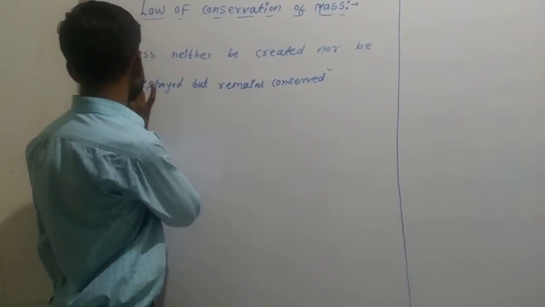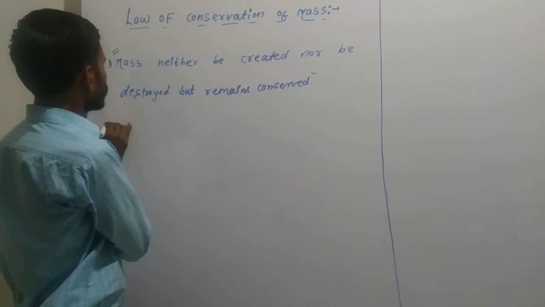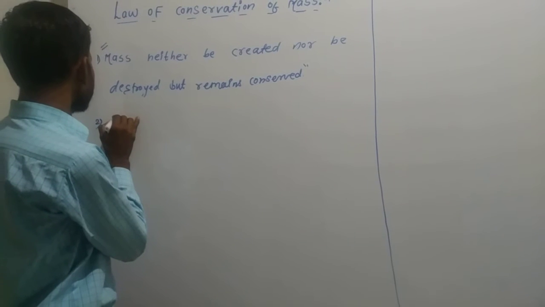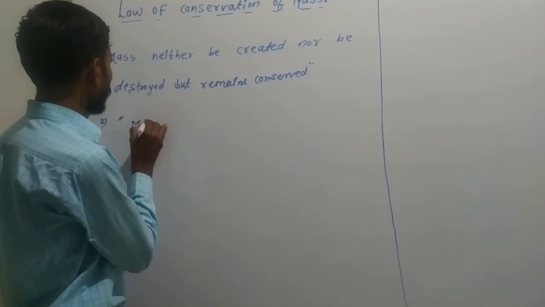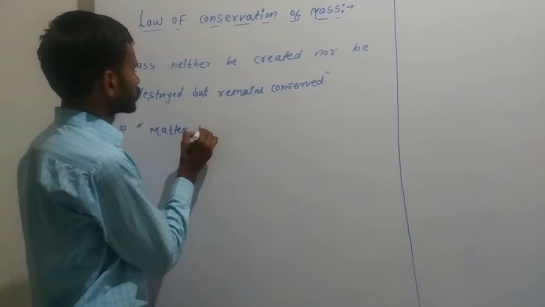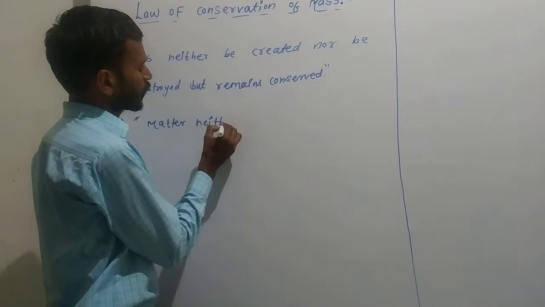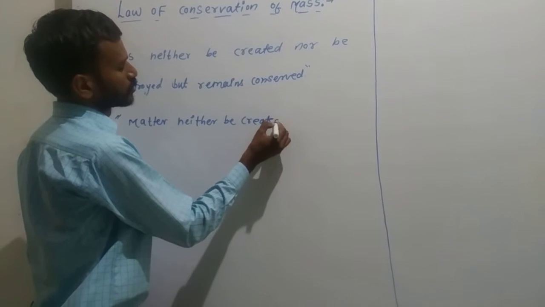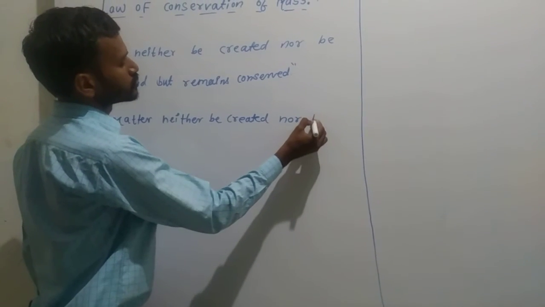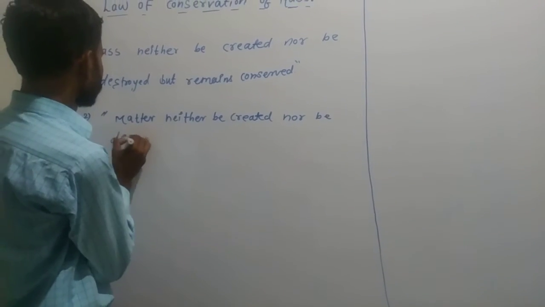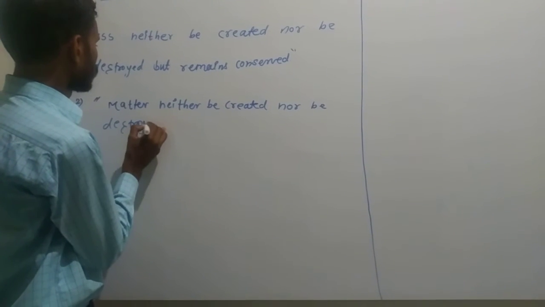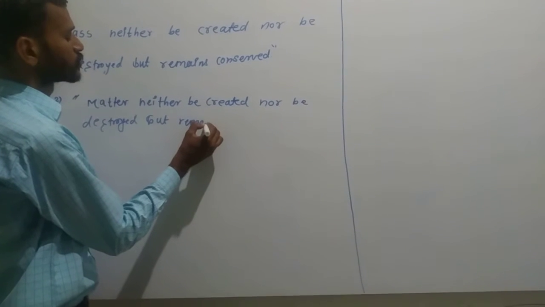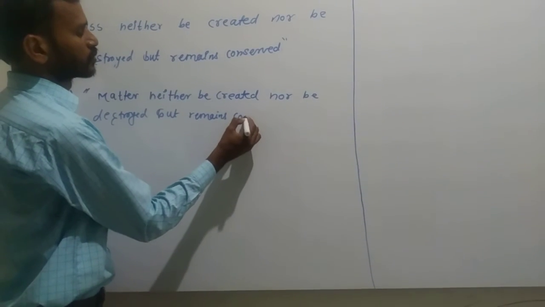For the second one, we can also use, in place of mass, matter. Matter can neither be created nor be destroyed, but remains constant.